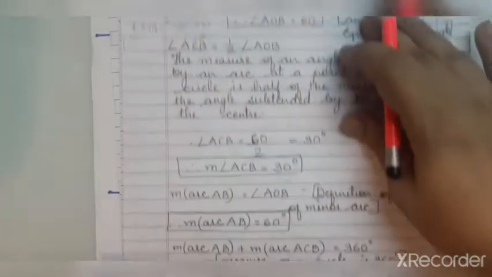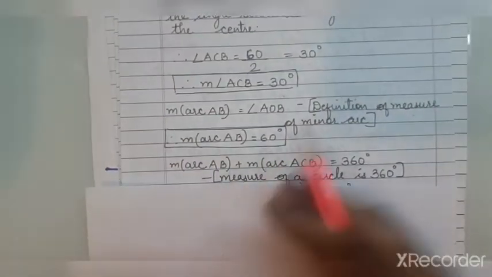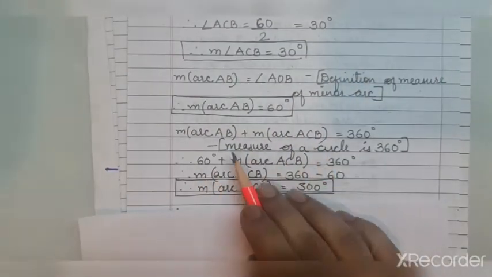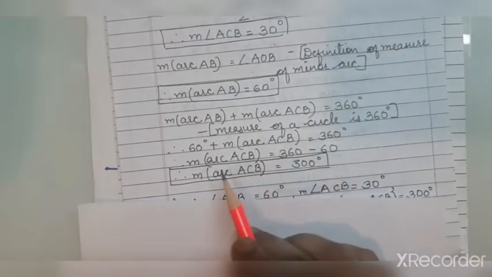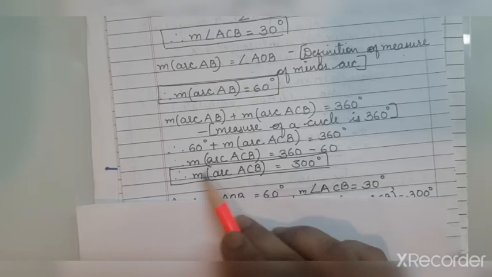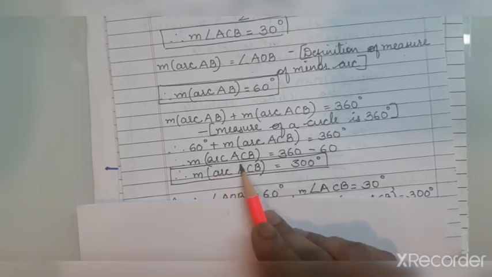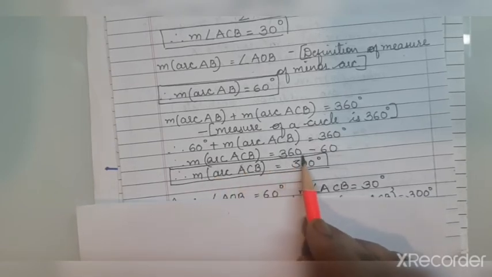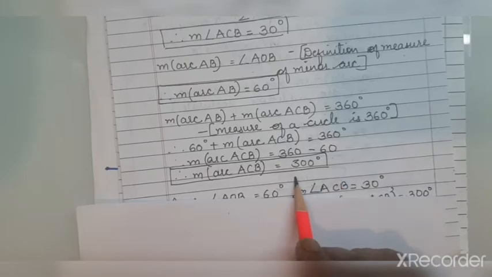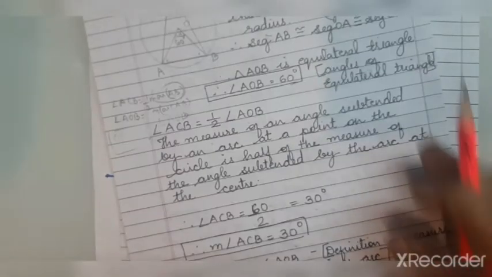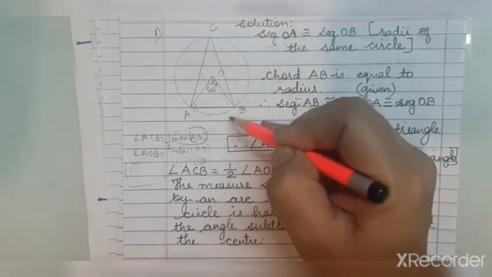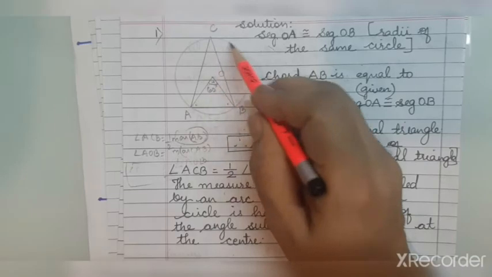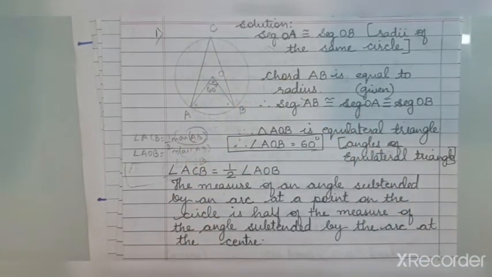Okay, so same thing. We know that the full circle is 360. So here you can see the measure of the major arc ACB is equal to 360 minus 60, which is equal to 300. Whether you write by the definition, or you can say that arc ACB plus arc AB is equal to 360 degrees, the measure of a circle, as the reason.